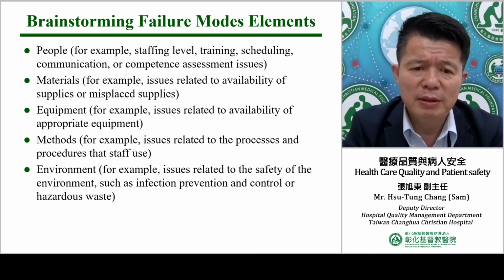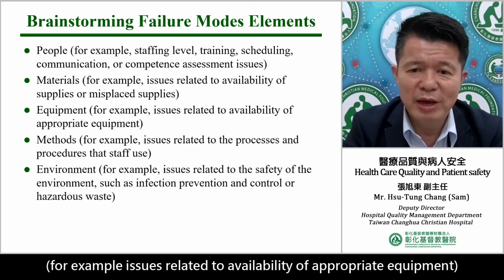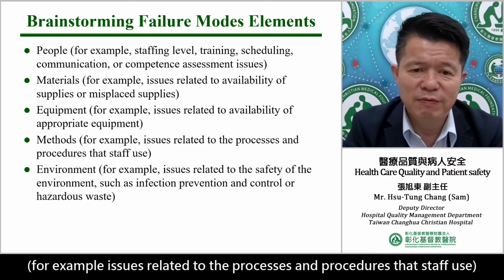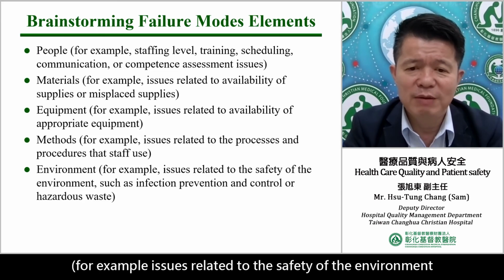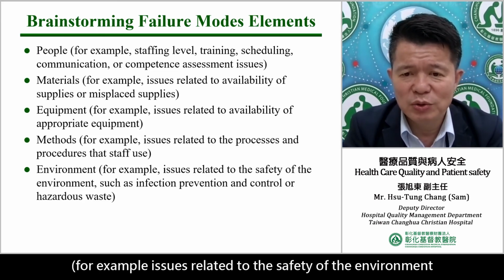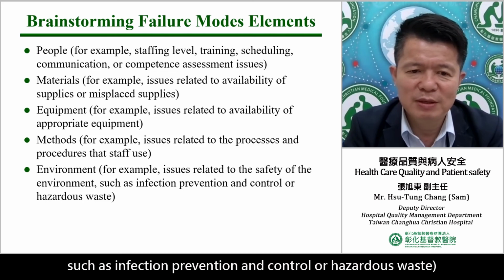Equipment, for example, issues related to availability of appropriate equipment. Measures, for example, issues related to the processes and the procedures that staff use. Environment, for example, issues related to the safety of the environment, such as infection prevention and control or hazardous waste.